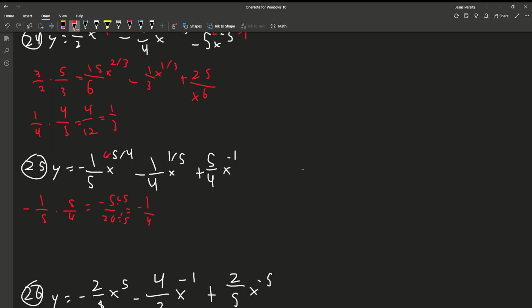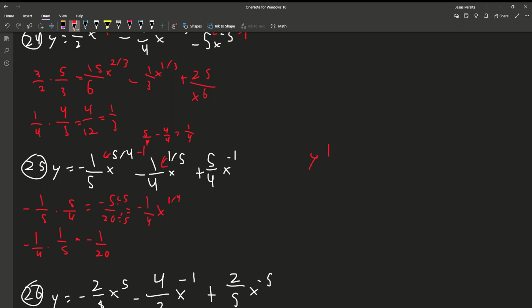And then we're going to get x, and we're going to subtract 1. That's the same thing as saying 5 over 4 minus 4 over 4 is equal to 1 over 4. And then we're going to get this. So that's the same thing as saying 1 over 4 times 1 over 5, which is just -1 over 20.